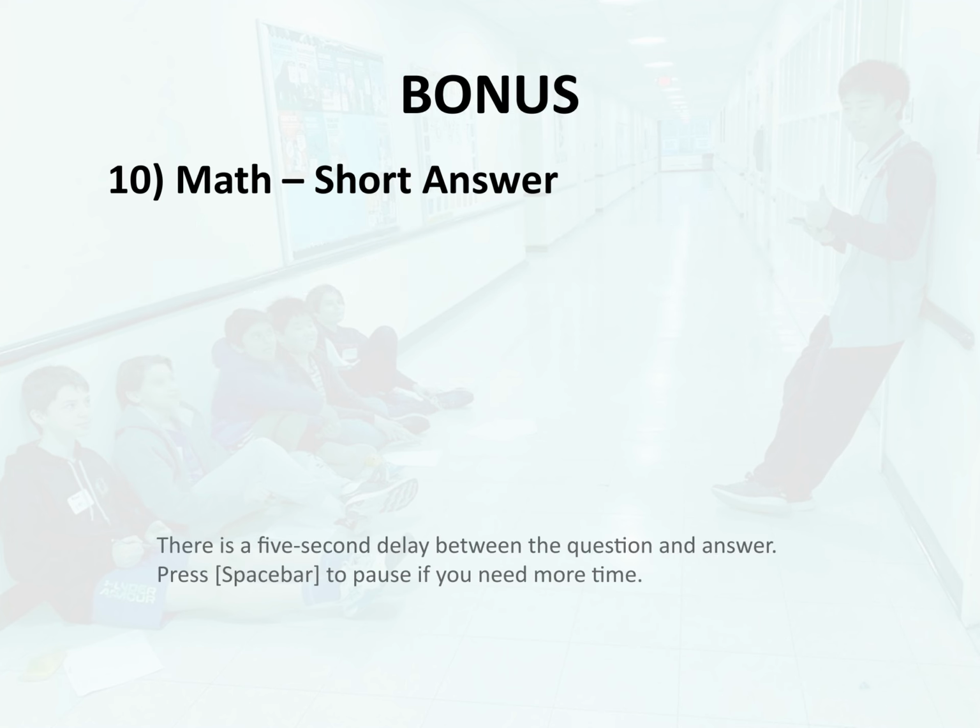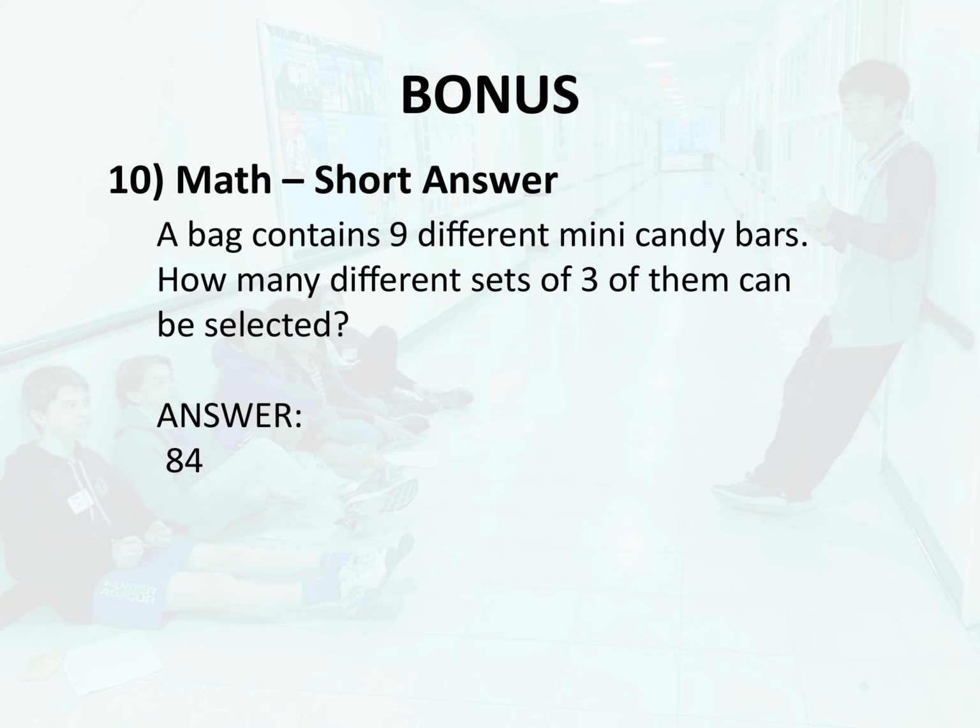Bonus 10. Math, short answer. A bag contains 9 different mini candy bars. How many different sets of 3 of them can be selected? Answer, 84.